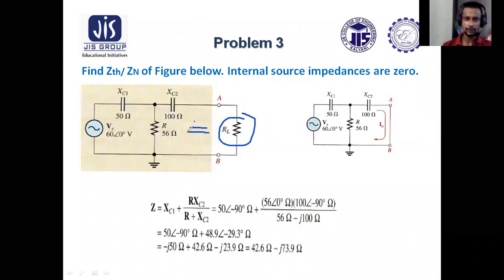You'll have to look back into the network to find Zn, replacing the voltage source by a short circuit. So what will be Zn?